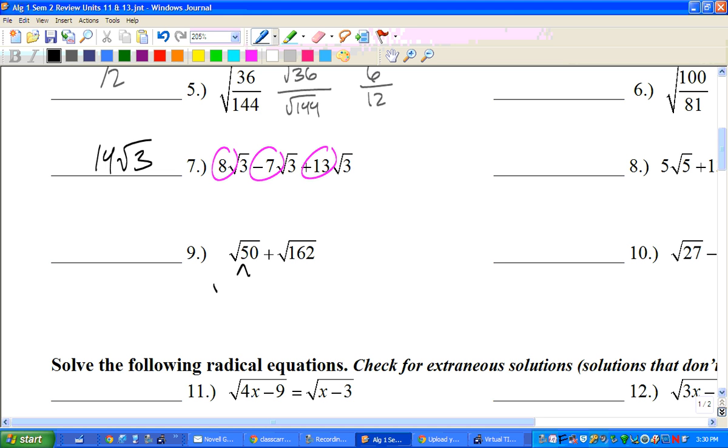Okay. Number 9, we want to break it down to 25 and 2. And then 162, what goes into that is 81. We get 5 root 2, and then we're adding that with 9 root 2. 5 plus 9, 14.